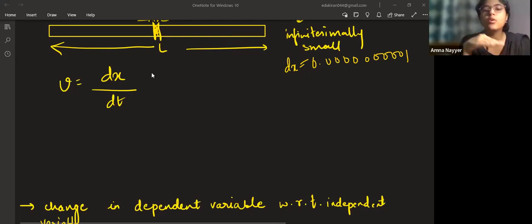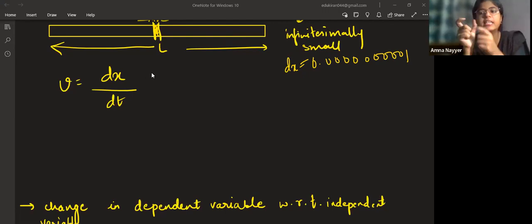Now see, when I say dx over dt, this means x is getting differentiated with respect to time. Technically, you can say you are adding all the dx with respect to time. I think all of you must be having this idea.